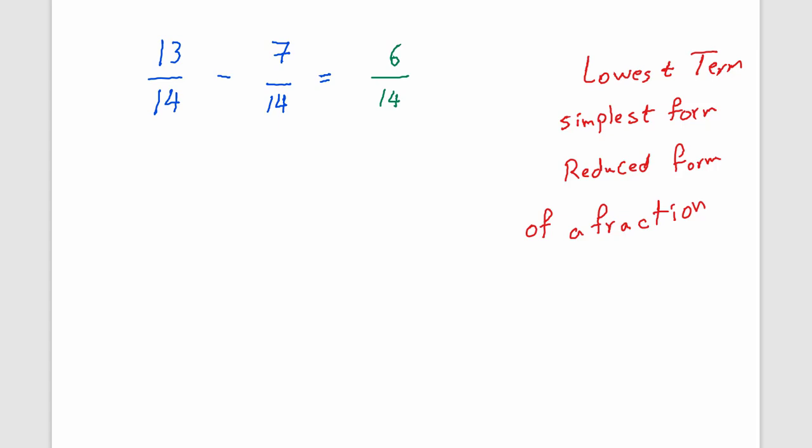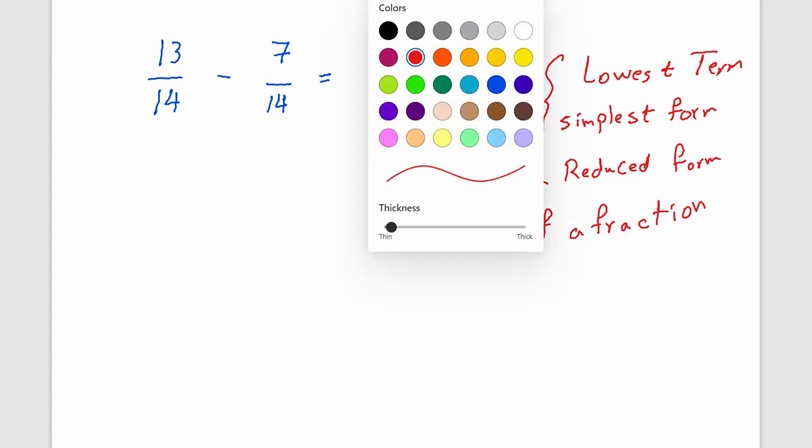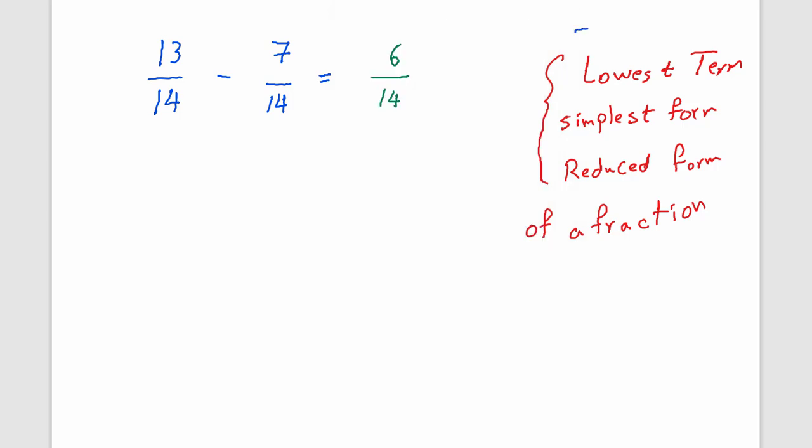To find the lowest term, or the reduced form, or the simplest form, we can use division. And we use division to get smaller numbers. To do this, you have to divide by the common factor of the numerator and the denominator. As you can see here, I have in the numerator and the denominator 6 and 14.